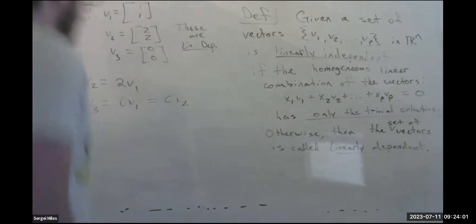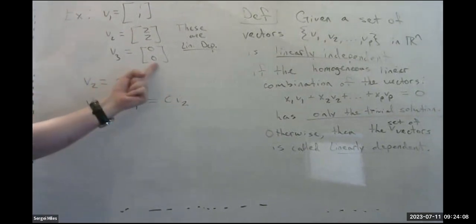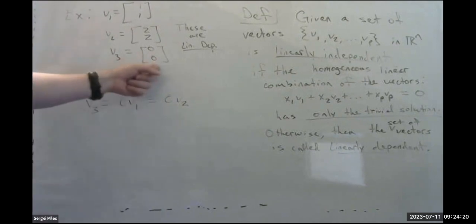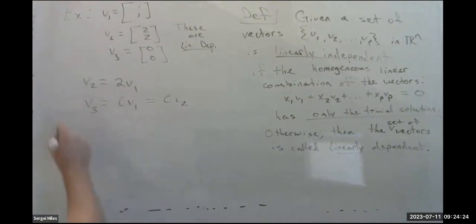In other words, anytime you're looking at a set of vectors, if the 0 vector is one of them, it is automatically a multiple of the other vectors. Why? Because any other vector, multiply it by 0, and you get the 0 vector. So anytime you see the 0 vector, it is automatically dependent.